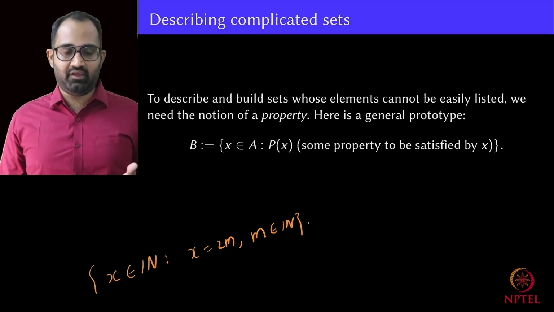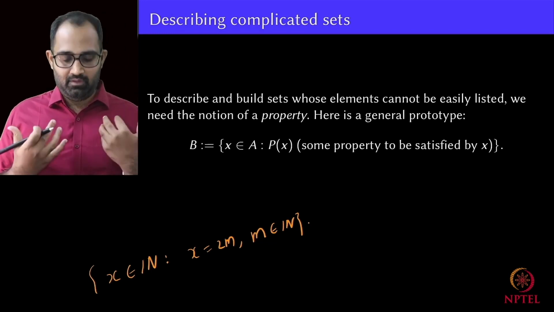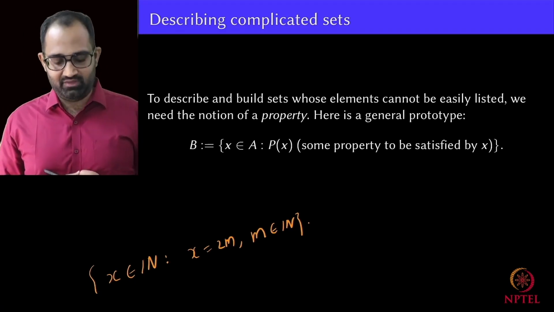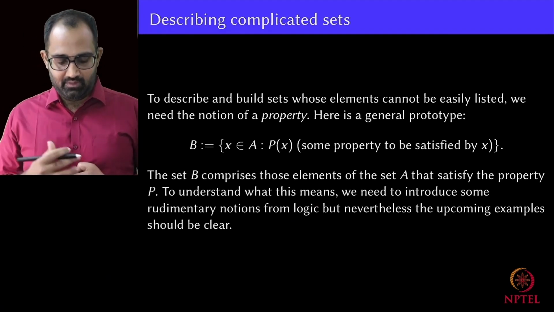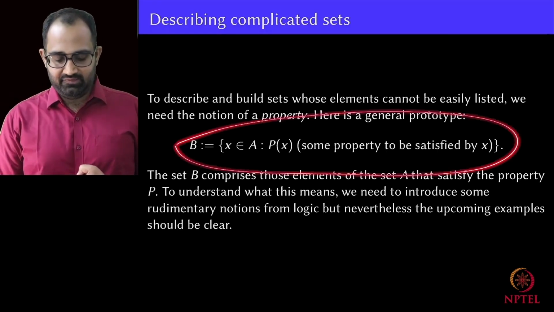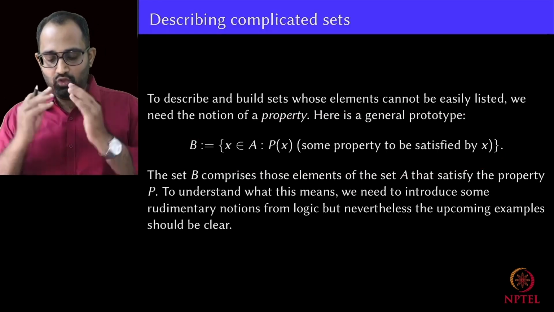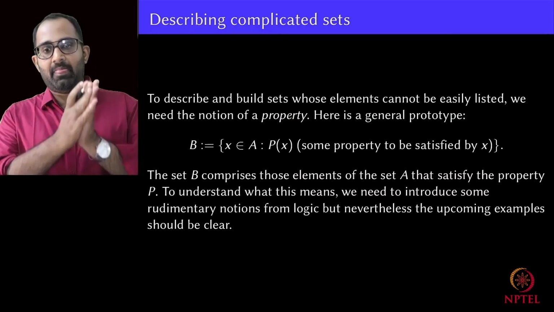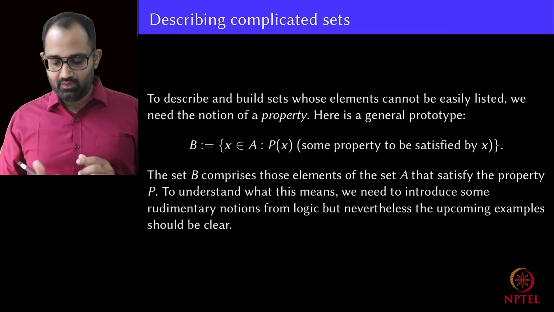What is this set describing? Just think about it. I'm sure you know what this set is describing. So, how do you read this? The set B comprises those elements of the set A that satisfy the property P.